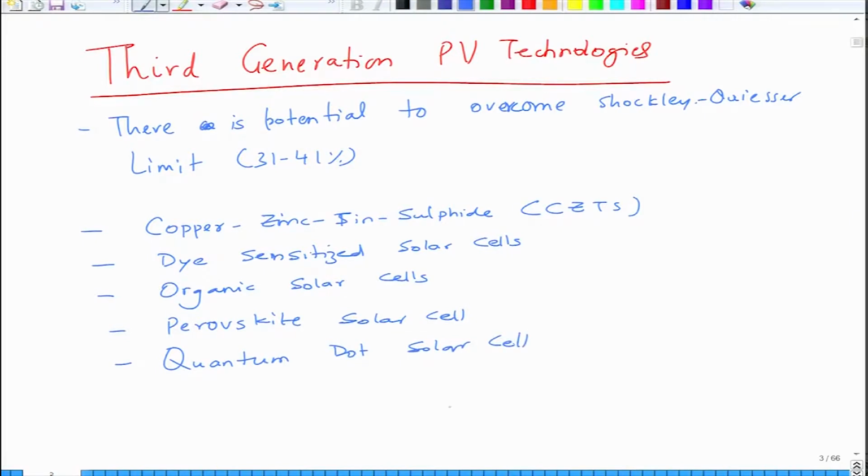And of course, in these we can also add tandem, because these devices are also coming in tandem solar cells. So, tandem includes 2G and 3G; it was also present in 2G and it is also present in 3G technologies.